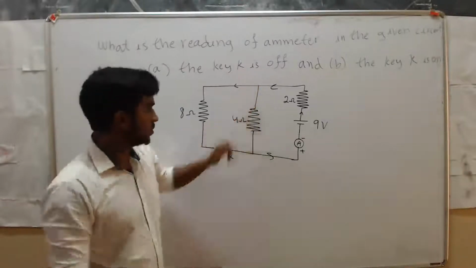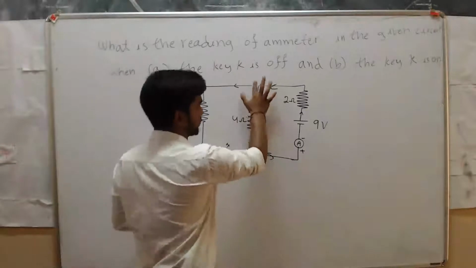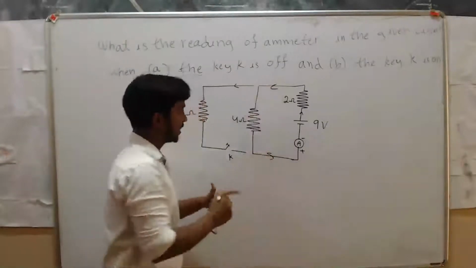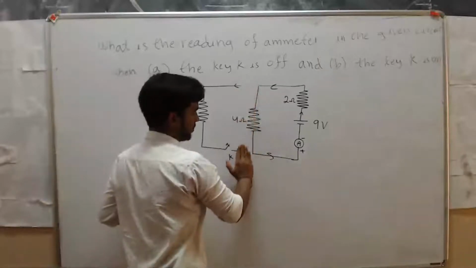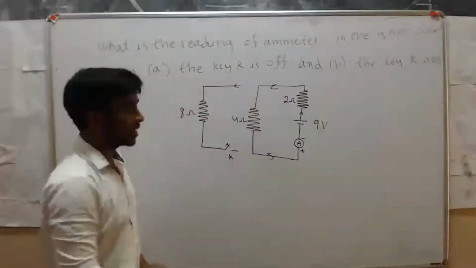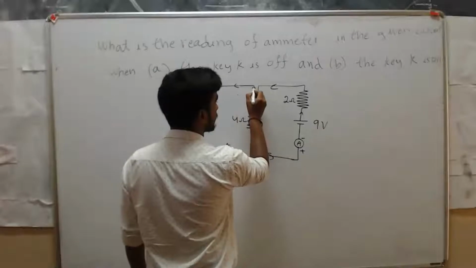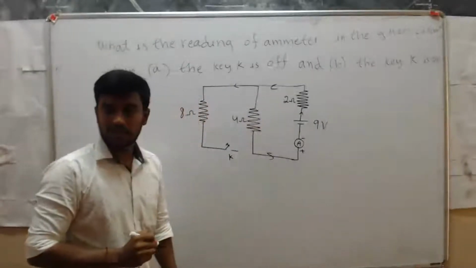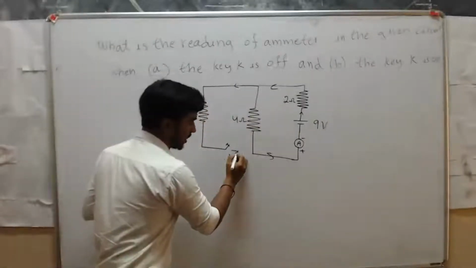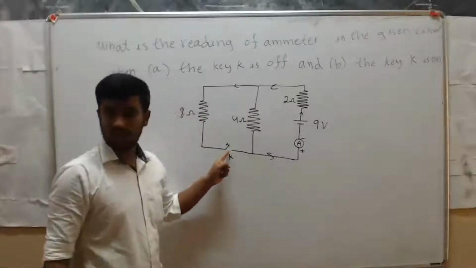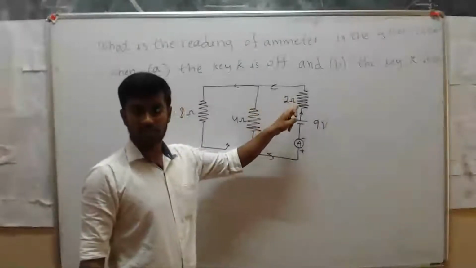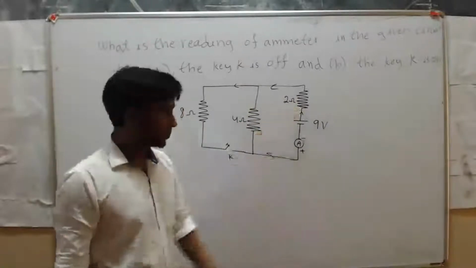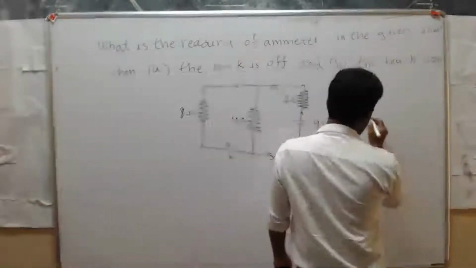So now you can redraw this circuit like this. When the key is off, you can draw the circuit like this. See here, I have connected one wire here, correct? But here there is no connection, which means still these two are in series.